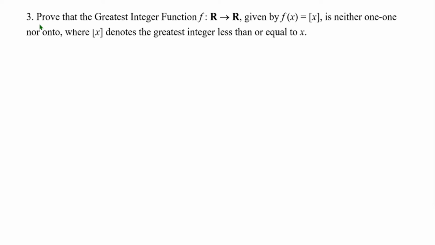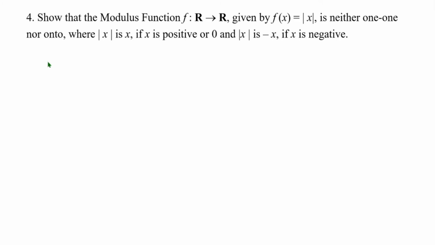Next question. Prove that the greatest integer function f from the set R of real numbers to the set R of real numbers given by f of x is equal to the greatest integer of x, where this denotes the greatest integer less than or equal to x, is neither one to one nor onto. So we have to prove that this is neither one to one nor onto.